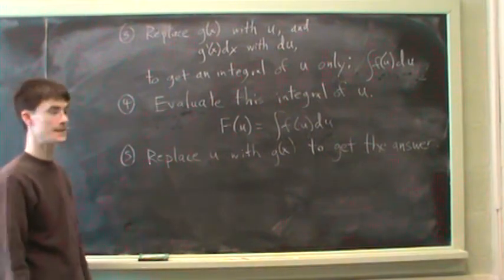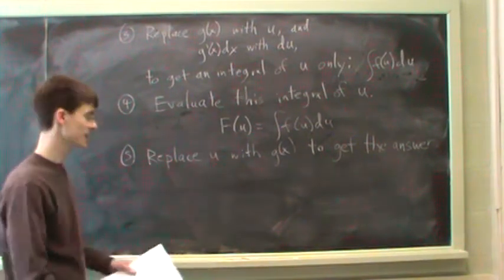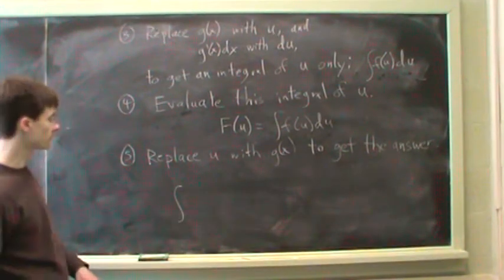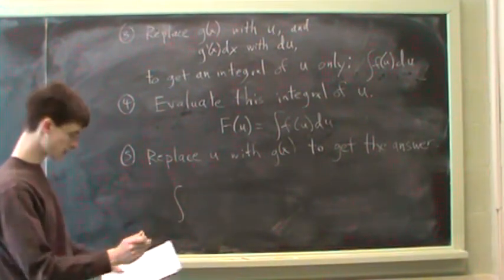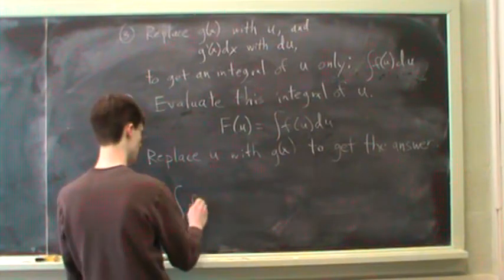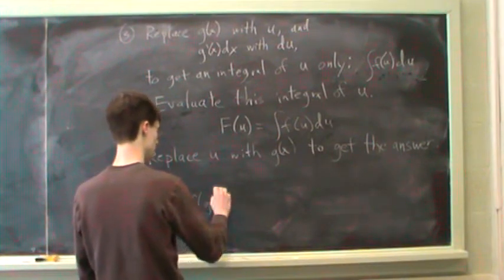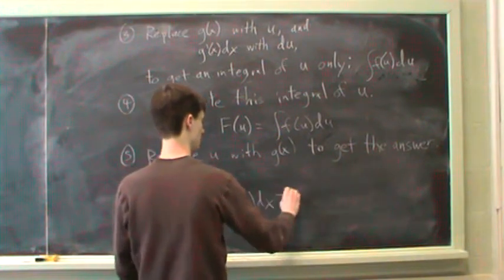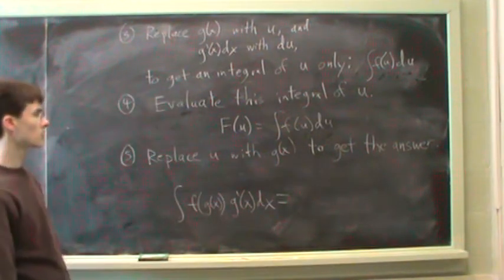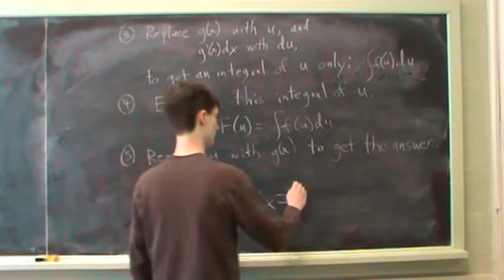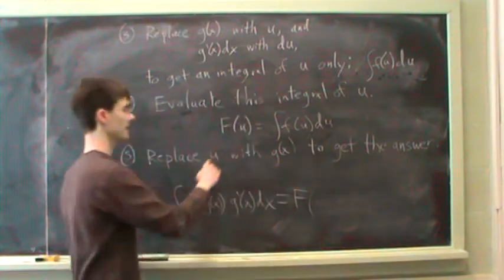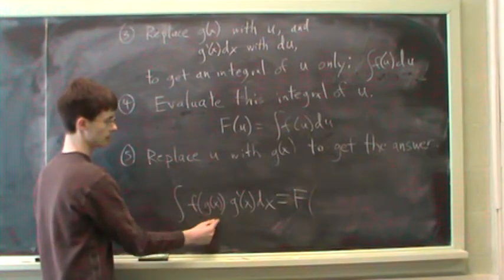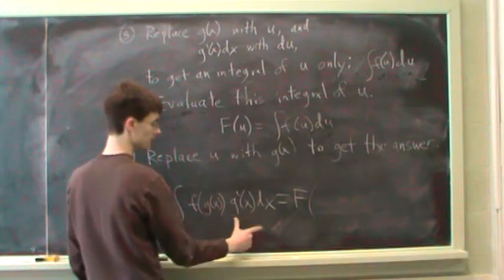So if you wanted to write down u substitution symbolically, it would look like this. We're going to look for integrals of this form, f of g of x times g prime of x dx. We will change to u's. We'll replace g of x with u, g prime of x dx with du.